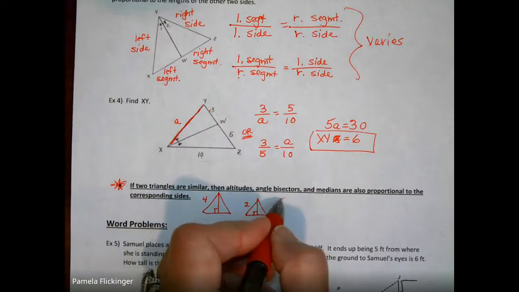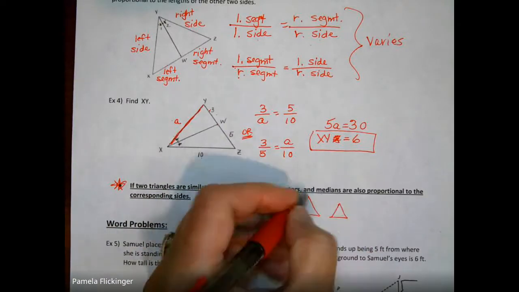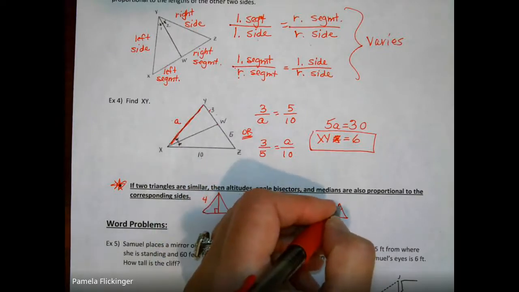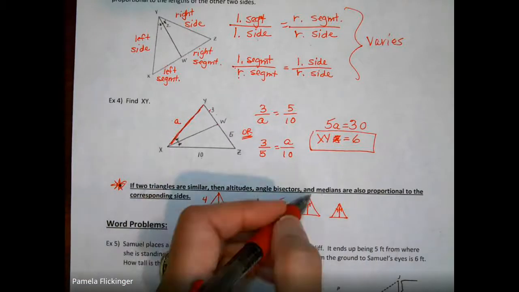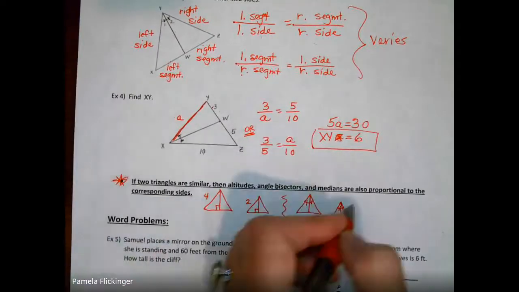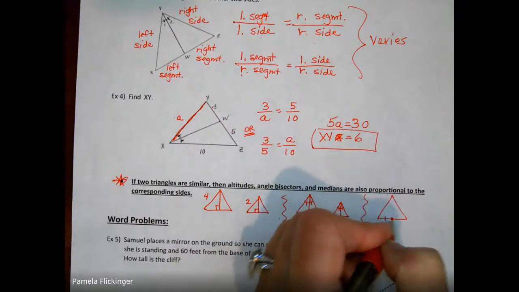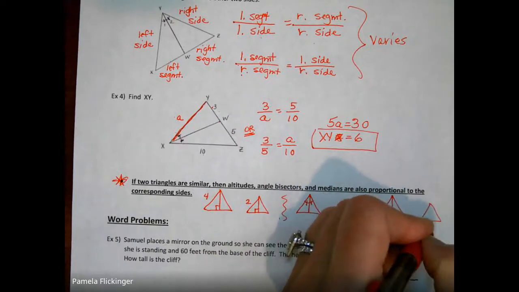All right, angle bisector, we just drew those. Right, so you're going to have your angle split. So those would have the same scale factor. And medians, remember, go to the middle of the opposite side.